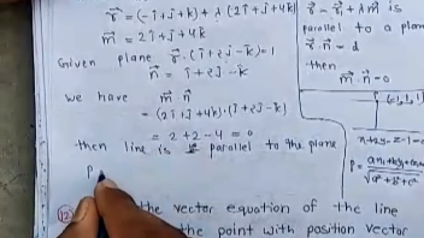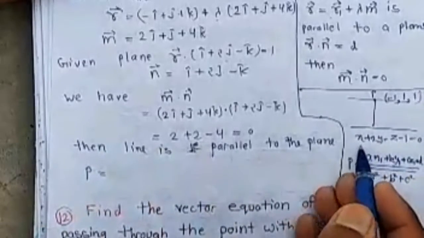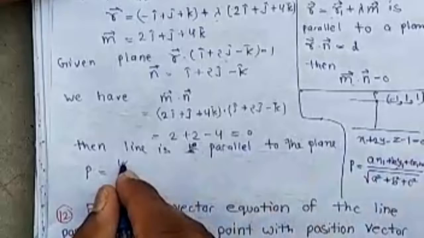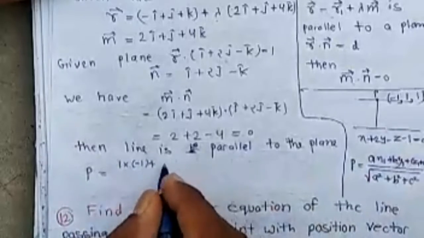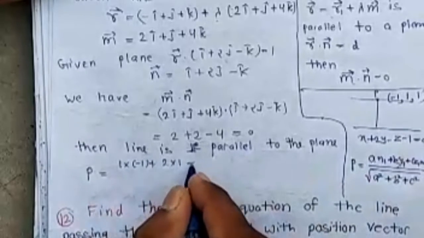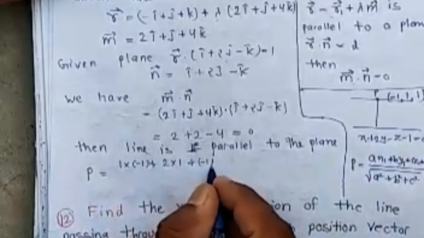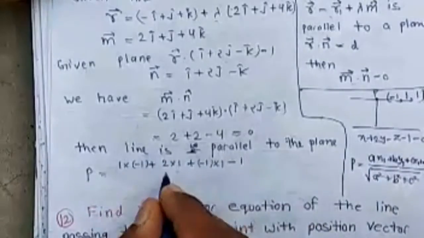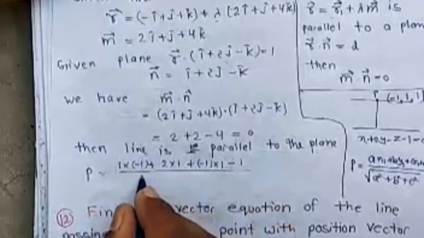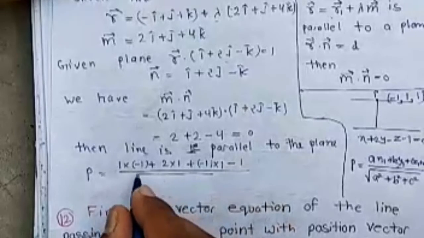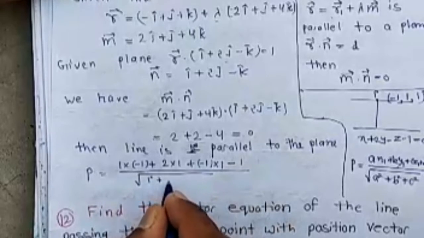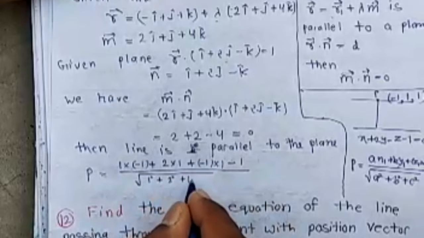Then p equal to (1 into minus 1 plus 2 into 1 plus minus 1 into 1 minus 1) by square root of (1 square plus 2 square plus minus 1 square).